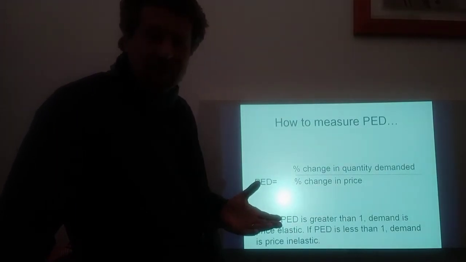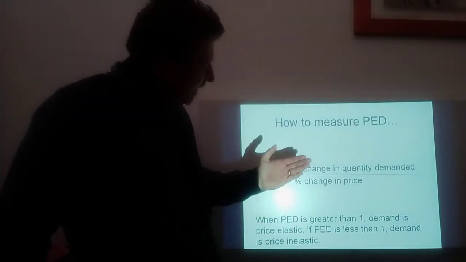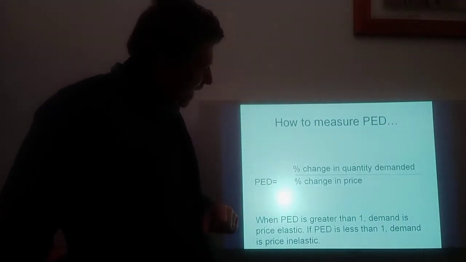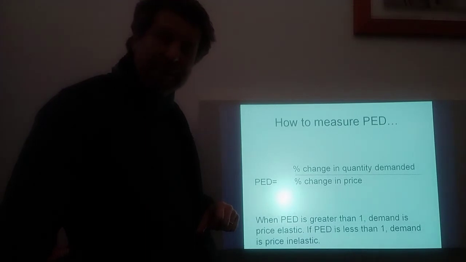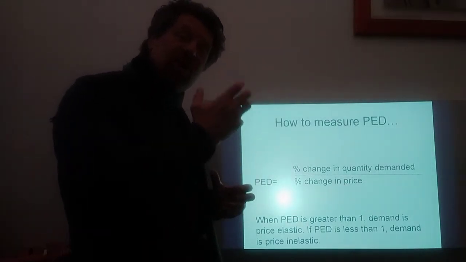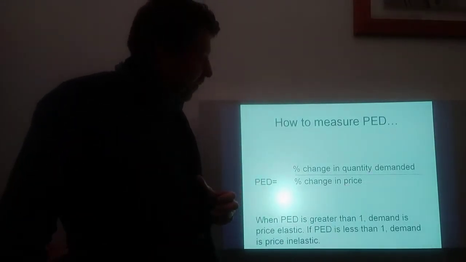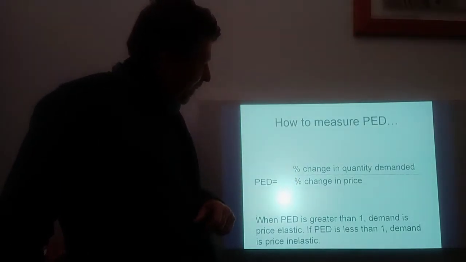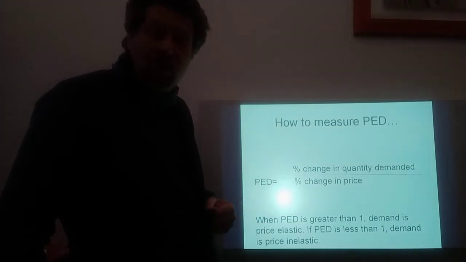That's more than one, so it is very elastic. And we can see how that calculation really represents that the demand has responded a lot, because the percentage change is more than the price change. Therefore, it's more than one.